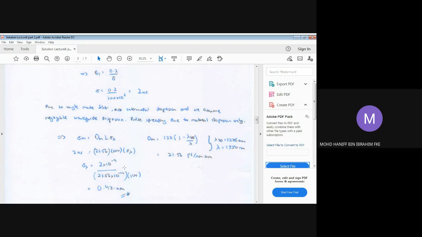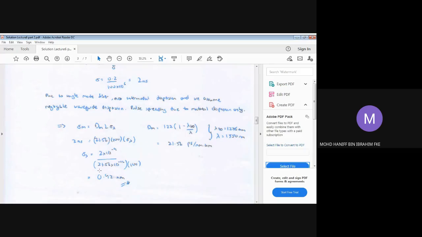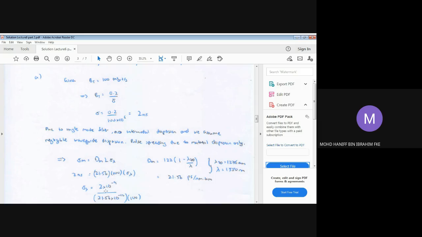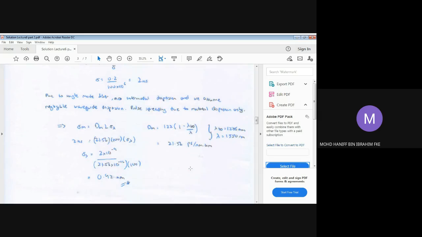So in the end, we're going to get the sigma lambda equals 0.92 nanometer. So this is your RMS line width for this optical source at 1550 nanometer. Hopefully you understand the concept here clearly on the calculation of line width in this case.